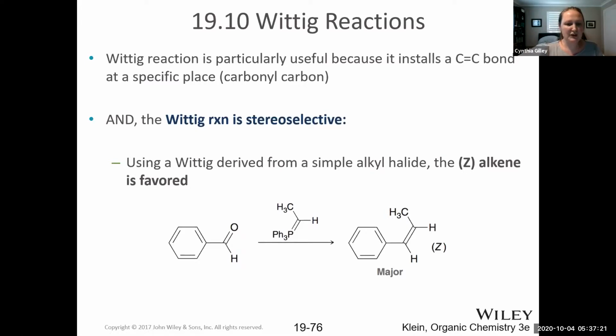The Wittig reaction is stereoselective, meaning that you can favor the formation of a Z or E alkene depending on the Wittig reagent used. If you have just an alkyl group attached to this carbon, then we call these unstabilized ylides. And when you use an unstabilized ylide, the Z alkene is formed.